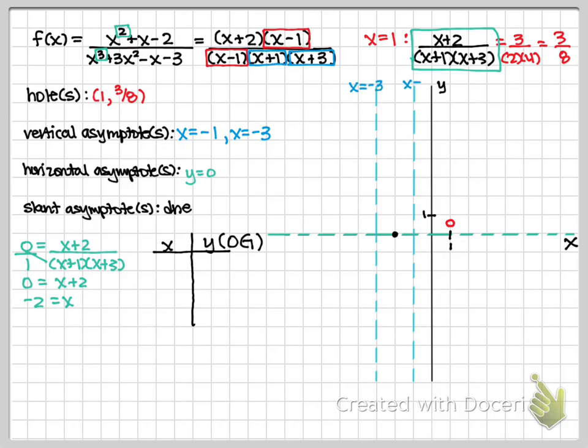This vertical asymptote is x equals -1. I already know what's happening to the right of -1. If you take a look over where the hole is, we already know where this is located, and we already know where it crosses the horizontal asymptote. So if the hole is above the horizontal asymptote, then that means the entirety of this graph is going to be above it.